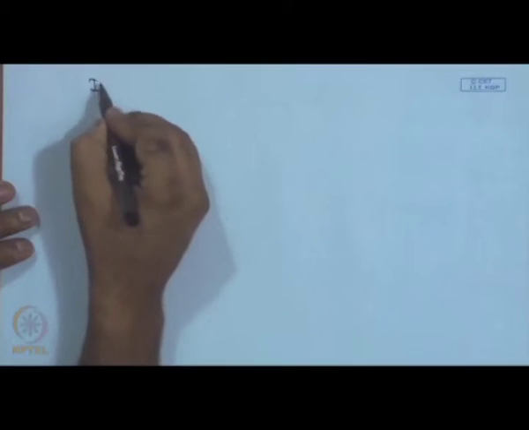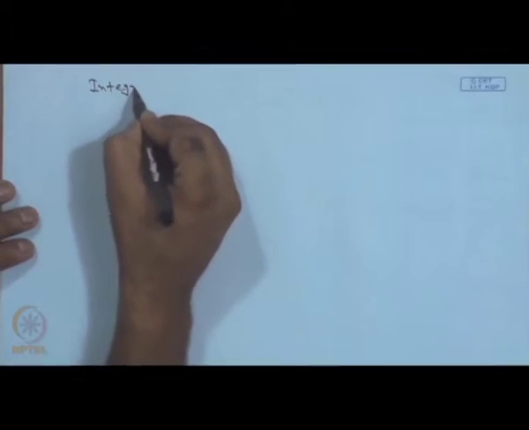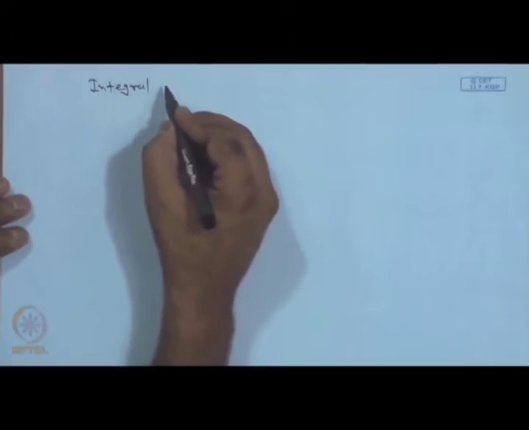Okay, so that was the differential equation with variable coefficients, and now we come to the integral equation. So, the integral equation, here also we can apply the Laplace transform to get the solution.